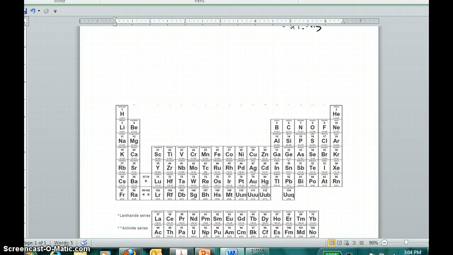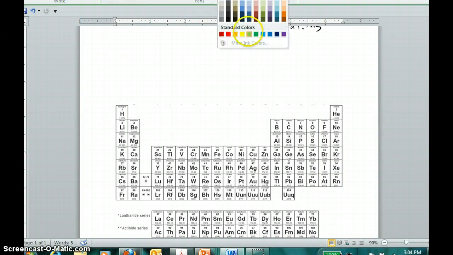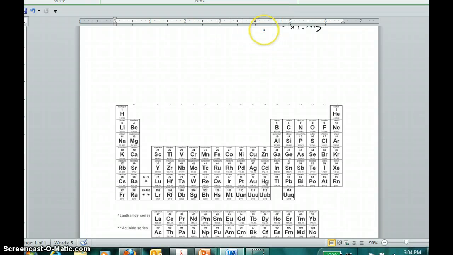So one last thing we need to know before we start naming various ionic compounds with monatomic ions is that the compound is always written in a chemical formula, and here's an example of one, AlCl3. And even though the individual ions in the compound have charges, the compound is always written so that it is neutral.